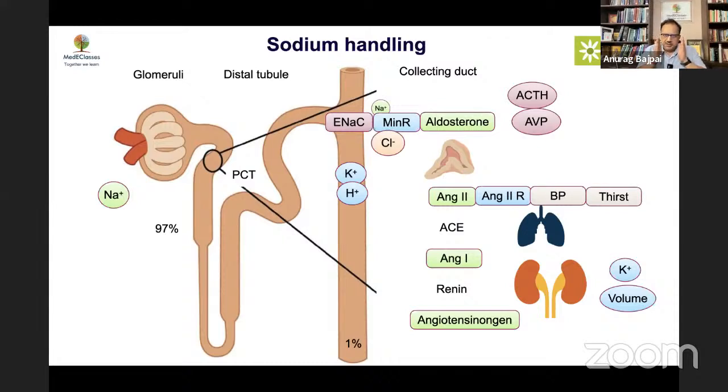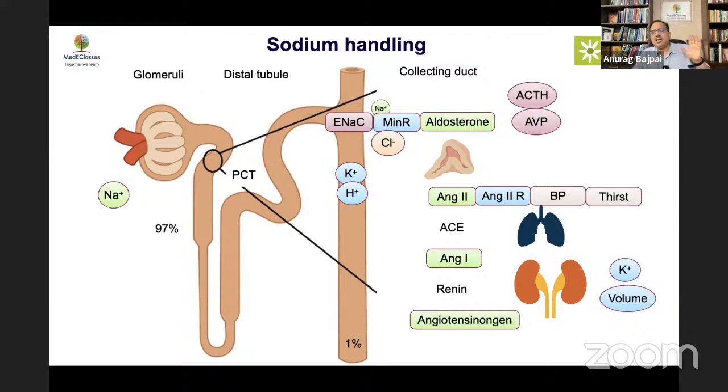So in ACTH deficiency, you will have hyponatremia, but that hyponatremia will not be severe because you do not have a mineralocorticoid problem. Even if you have zero ACTH, the renin will control your aldosterone and your hyponatremia will not be severe. But if you have a combined glucocorticoid and mineralocorticoid deficiency, you will have severe hyponatremia.